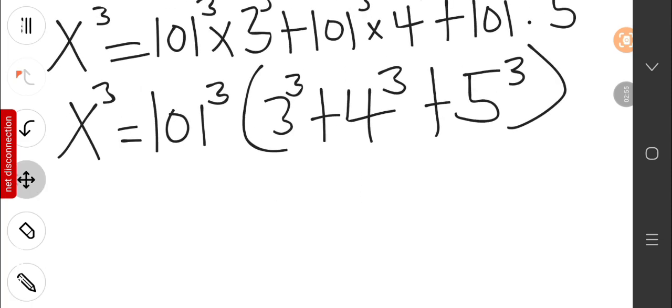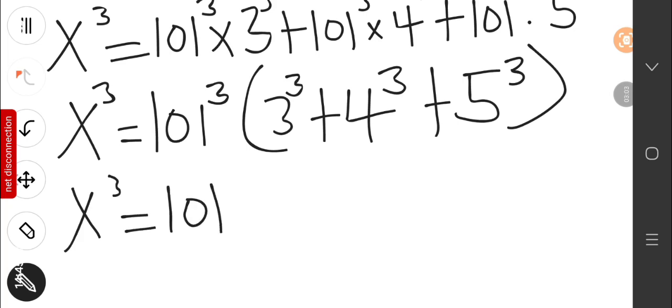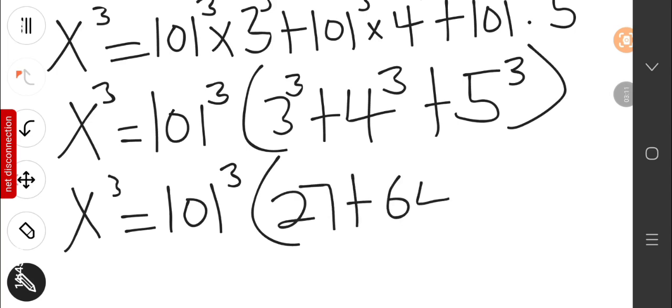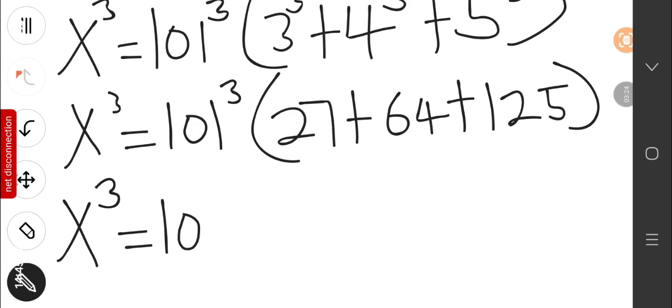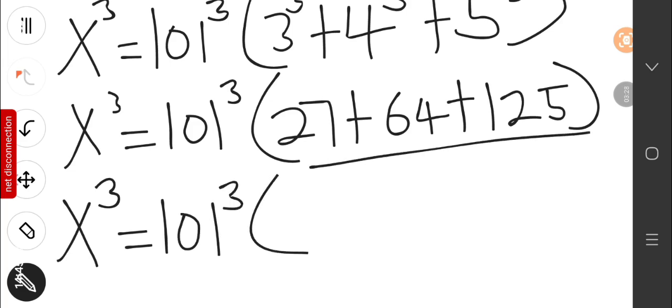All right, so our equation becomes s cubed equals 101 cubed, 3 exponent 3 is 27, 4 exponent 3 is 64, 5 exponent 3 is 125. Now when you add all this, you get 216.